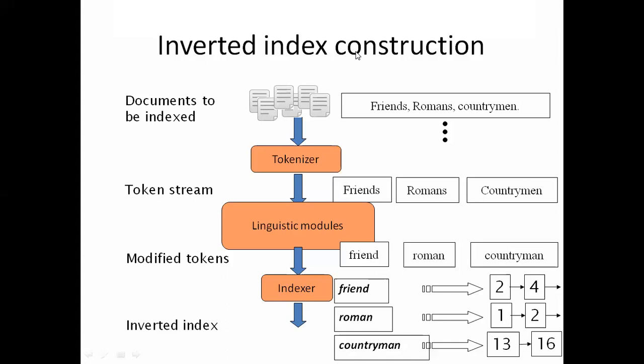Inverted index construction: from the document to be indexed, we get the inverted index. Initially the document to be indexed, after that the token stream, then modified tokens and the inverted index. Here we apply the tokenizer initially, then the linguistic module, then the indexer. After that we get this.